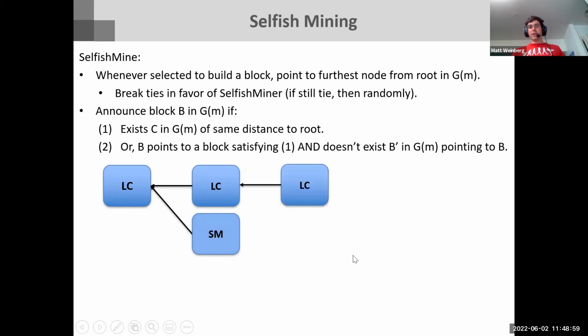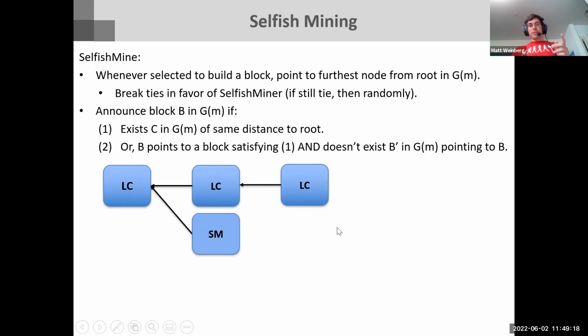If the rest of the network finds the next block, then if they're tie breaking randomly, sometimes they'll happen to point to you, right? And so this means that you can actually get a little bit of extra reward sometimes just by luck in how the randomness goes.